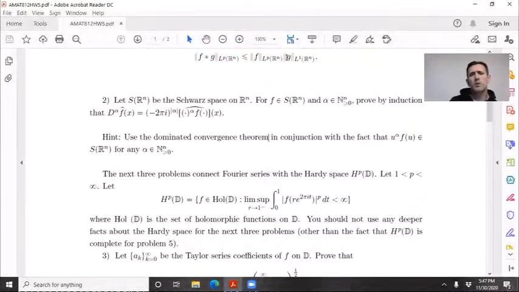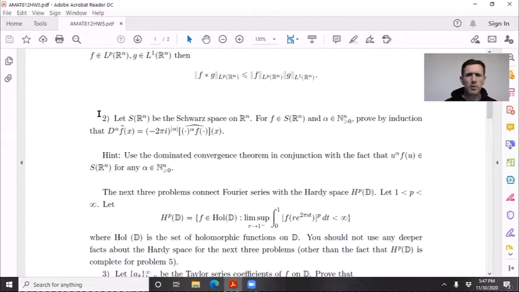Hello everyone, I just want to go over some aspects of homework 5. So to start off with, I want to go over a little bit of problem 2.